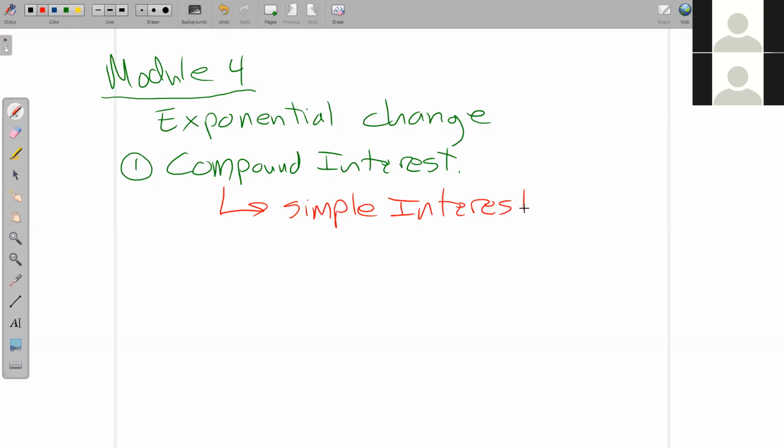For simple interest, we came up with a formula before: the interest amount, I, is some starting amount, P, times some rate, times some amount of time.